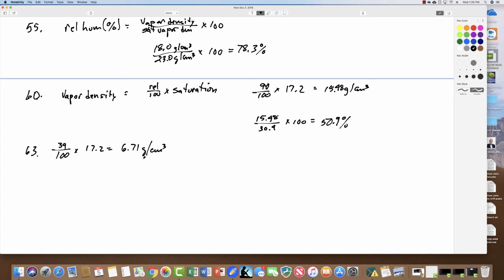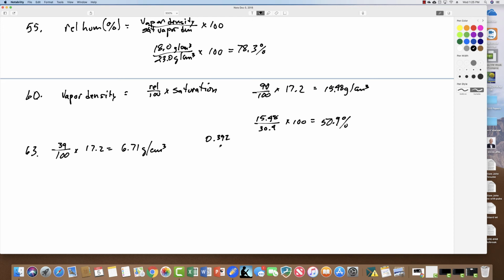Now, if you look on the table, you'll see one value at 5 degrees and another value at 0 degrees. If you subtract those two and then divide by 5, you see that the difference per degree is about 0.32.